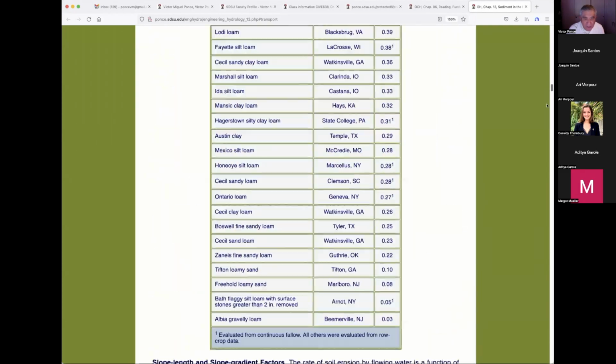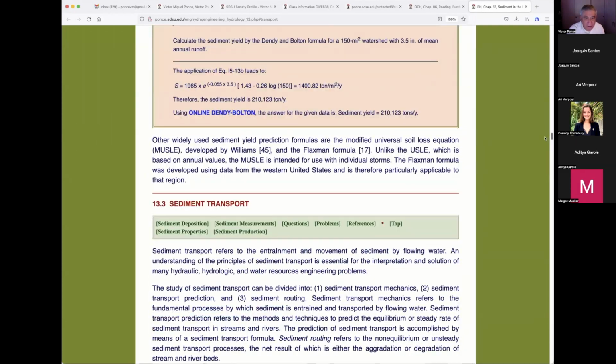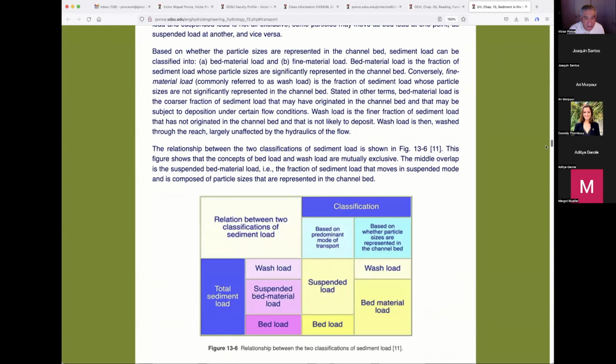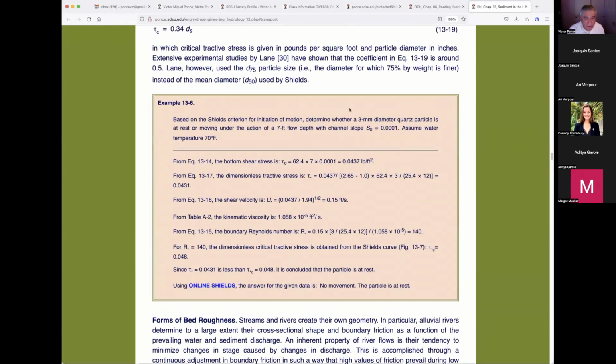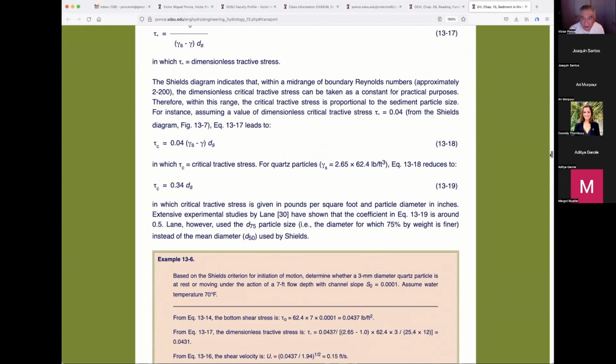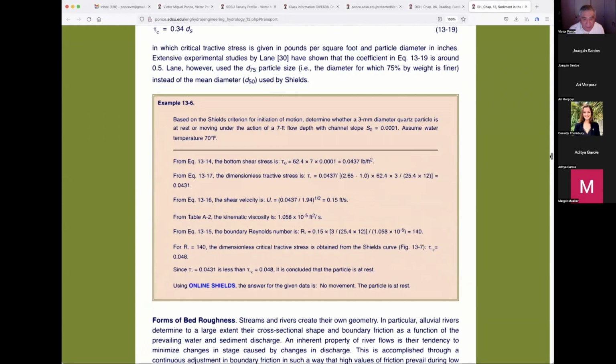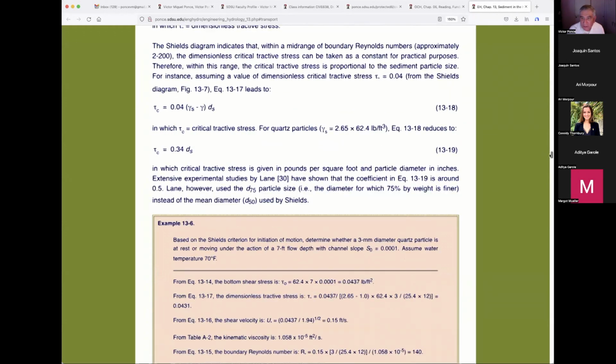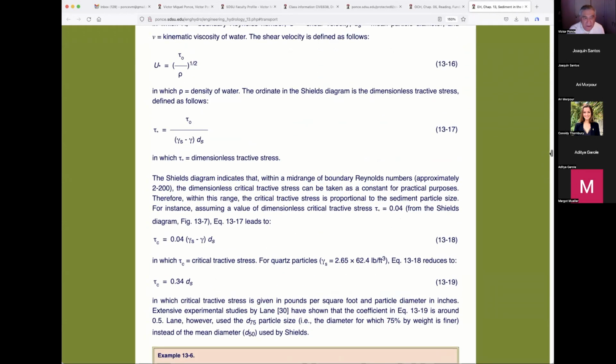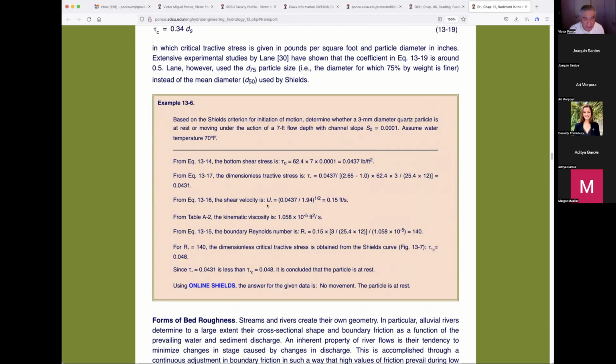So from equation 13.4, we get this equation. From equation 13.17, which is right over here, we get the dimensionless tractive stress. Then from 3.16, we get the shear velocity. 3.16 is this one over here. Can you see 3.16? Yeah, that's the shear velocity.